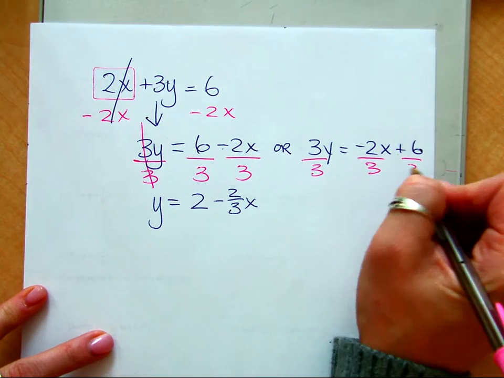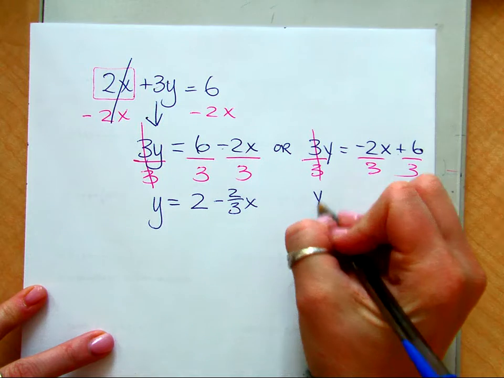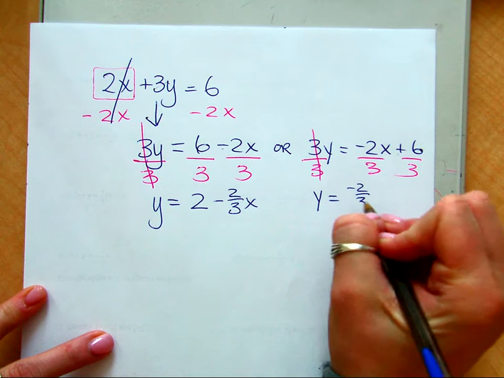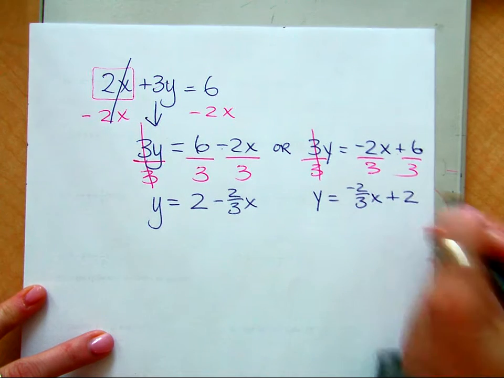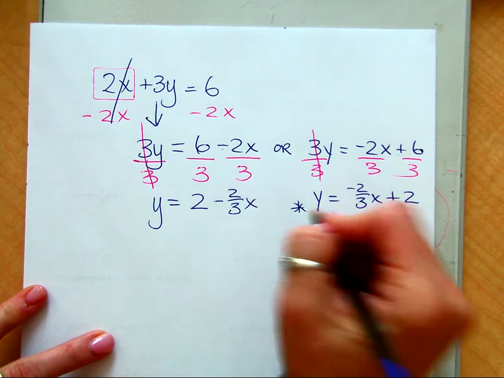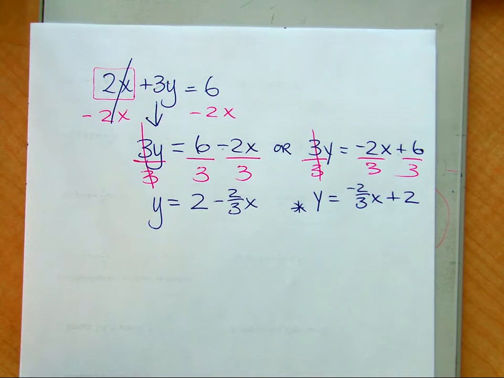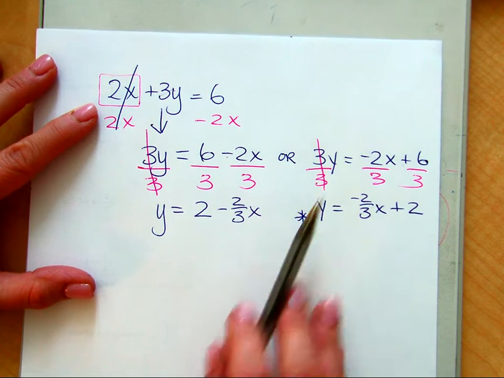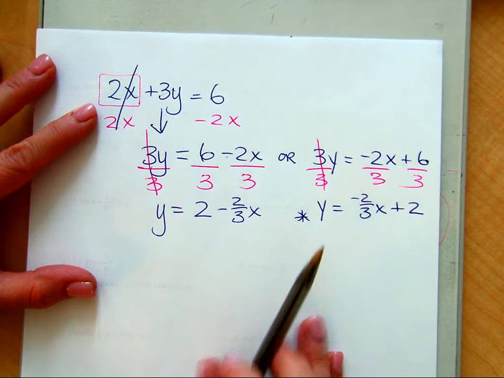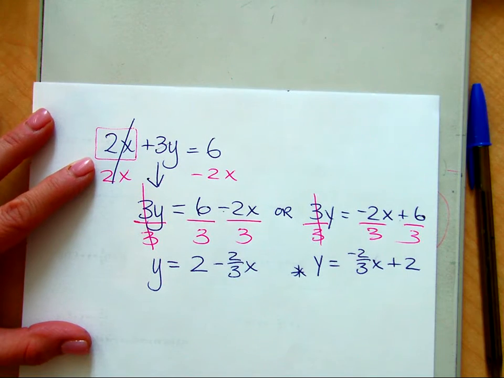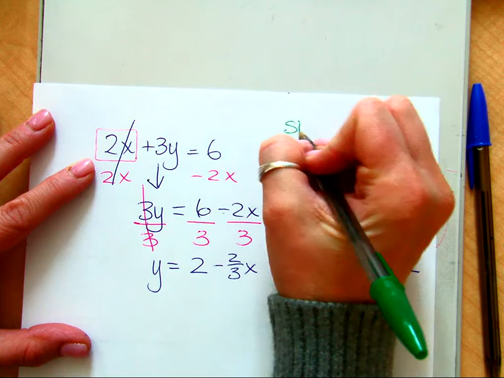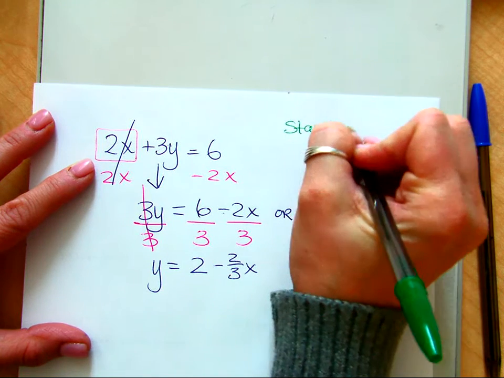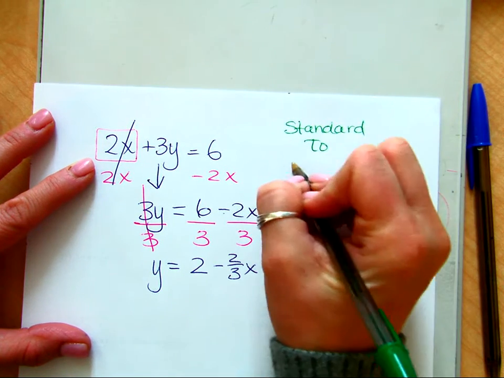Just so you know, you'd still get y is equal to negative 2/3 x plus 2. Okay? You'll see me most of the time writing it that way. So, did I just go from standard form to slope-intercept form? Did you already know how to do that? Yeah. Okay? So, maybe somewhere up here, go ahead and write standard to slope-intercept.